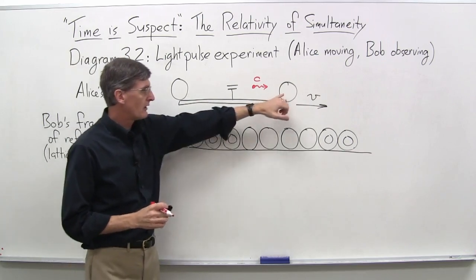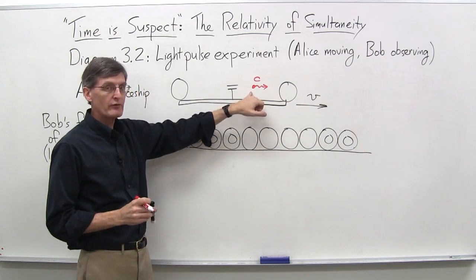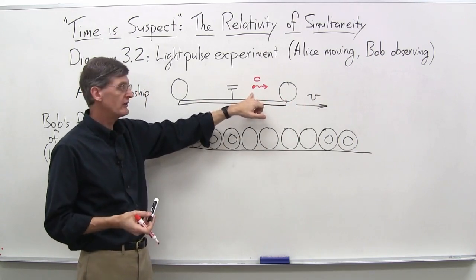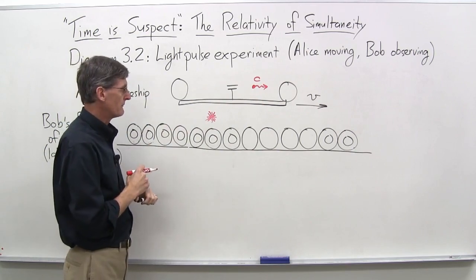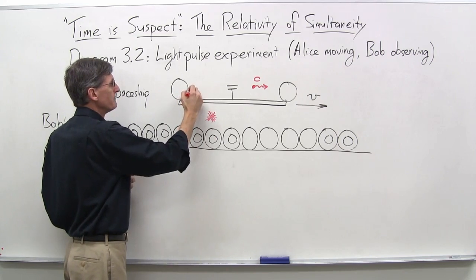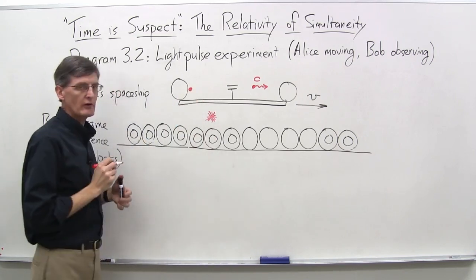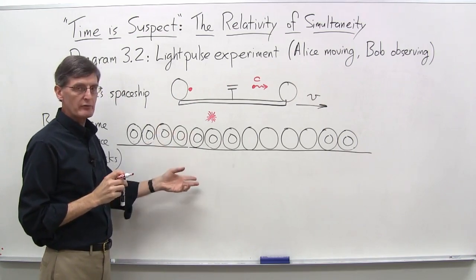And so let's think about this a minute now. So the clock here is moving away at velocity v. This light pulse is just traveling at velocity c. And the light pulse in the other direction is also traveling at velocity c. In fact, we'll just pretend by this point in time, it's reached this clock here and set it off. And look what Bob is observing.